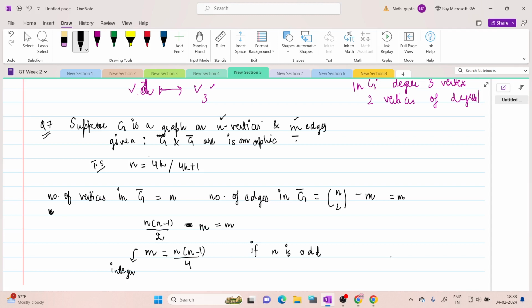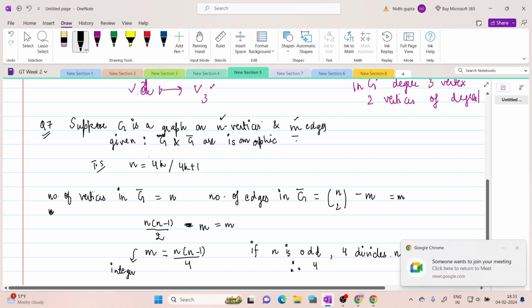So if n is odd, then that means 4 divides n minus 1. Or in other words, therefore n is equal to 4k plus 1.